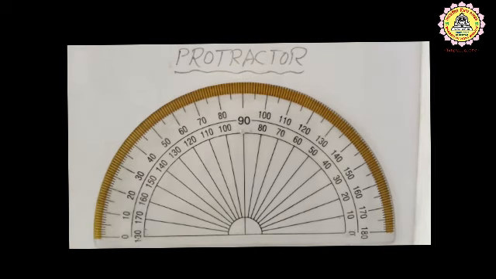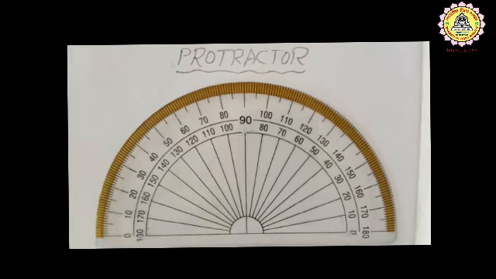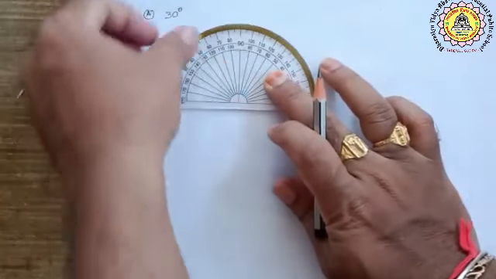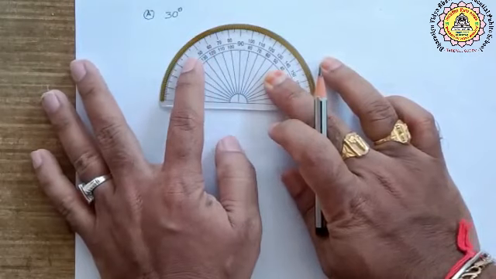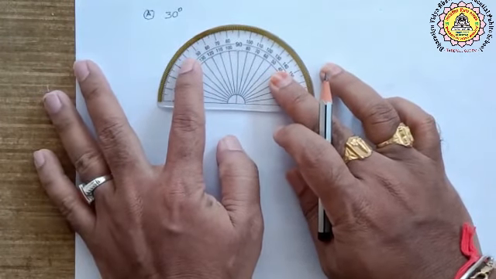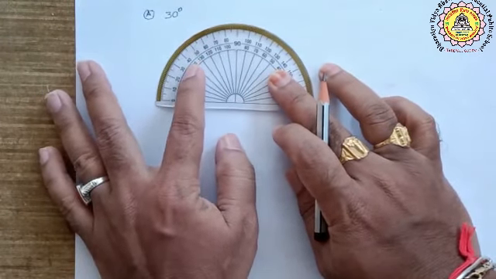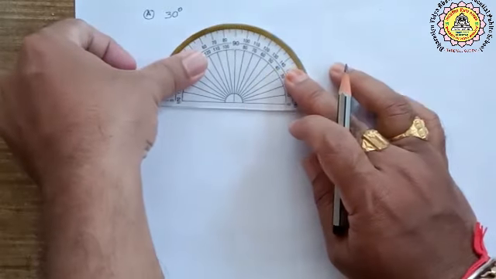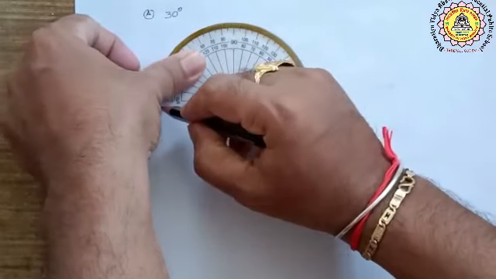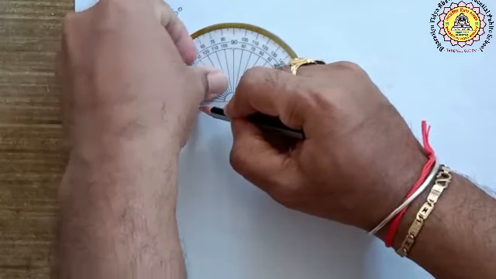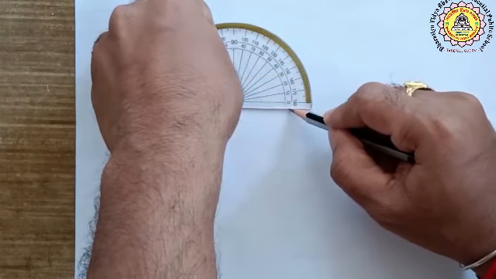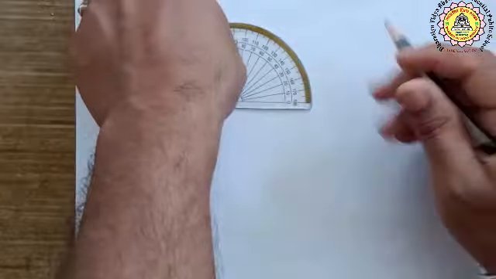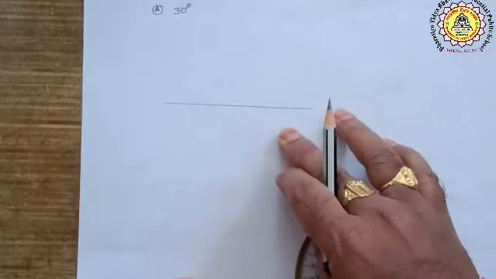Now let us know how to draw or construct different angles by using a protractor. Okay, students, now I am going to construct a 30 degrees angle. So first we have to draw one margin line, just draw like this by using a scale, or we can use the protractor also.